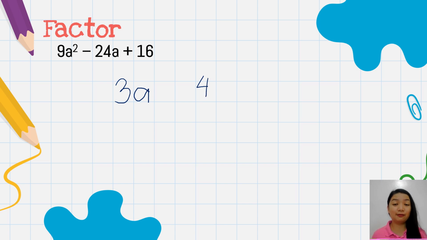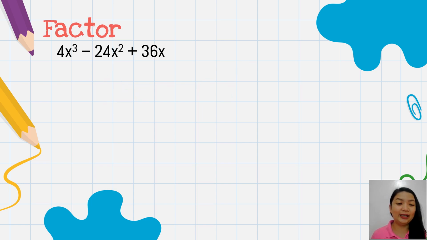So 3 times 4 is 12, times 2, do not forget 2, so that is 24. The sign on the middle is negative, correct, so we apply the negative symbol. We may write another factor here, or you may simply square it, since it is a square of a binomial. And that is a factor of 9a squared minus 24a plus 16.